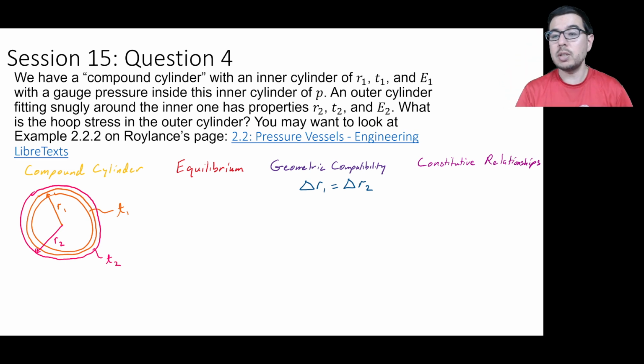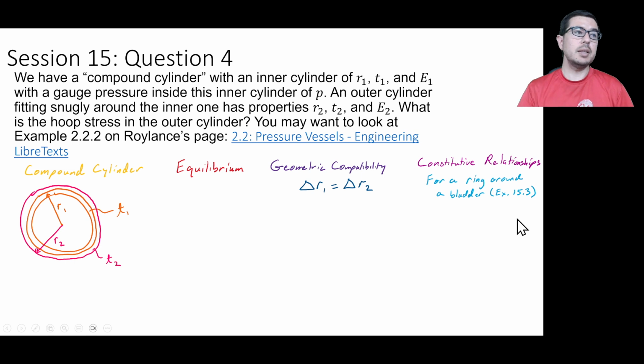Okay, so delta R1 is equal to delta R2. We also did example 15.3 in class, and so you can take a look at those notes if you like. That described the constitutive relationship for the change in radius versus the pressure, the elastic modulus, the original radius, and the thickness.